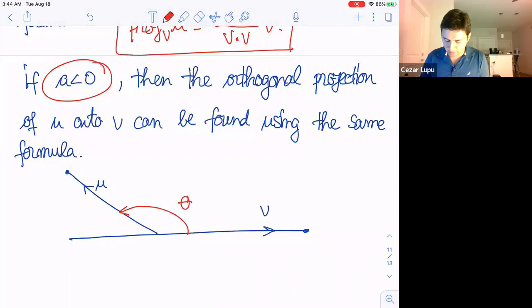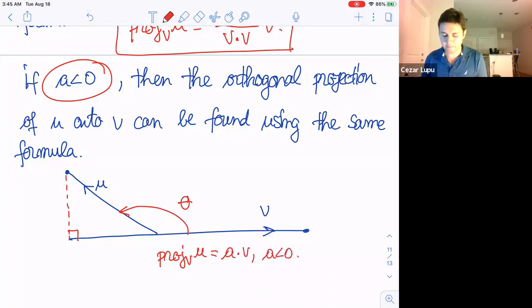And now once I project here, the projection of u onto v will be, again, the constant a times v, but this time the constant is negative. Anyway, it's the same formula.